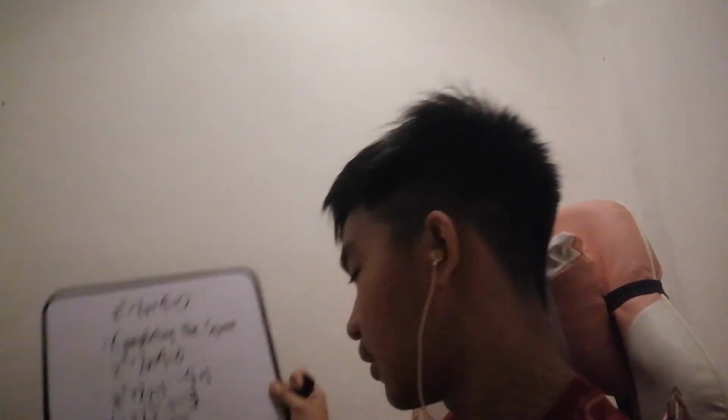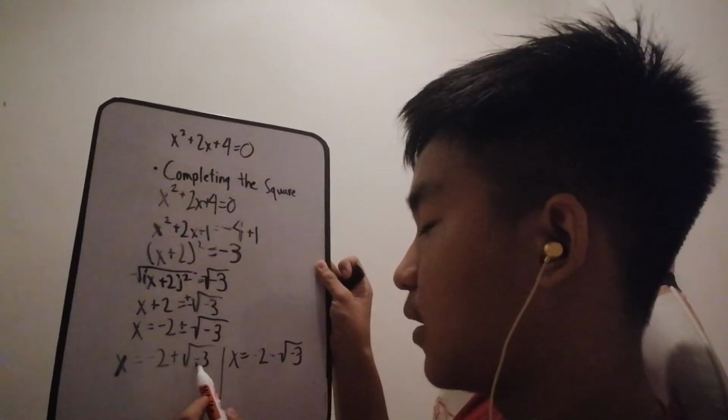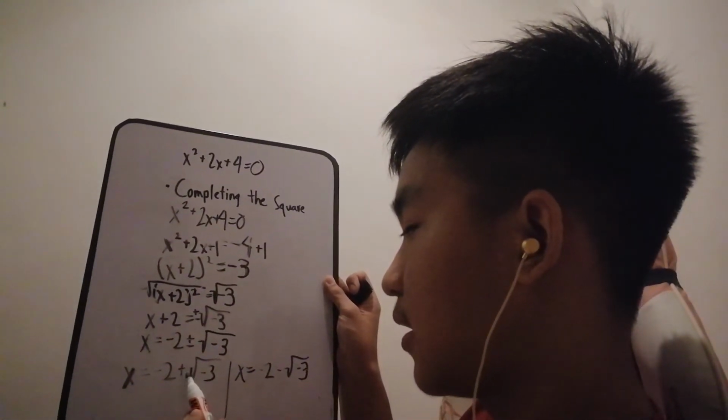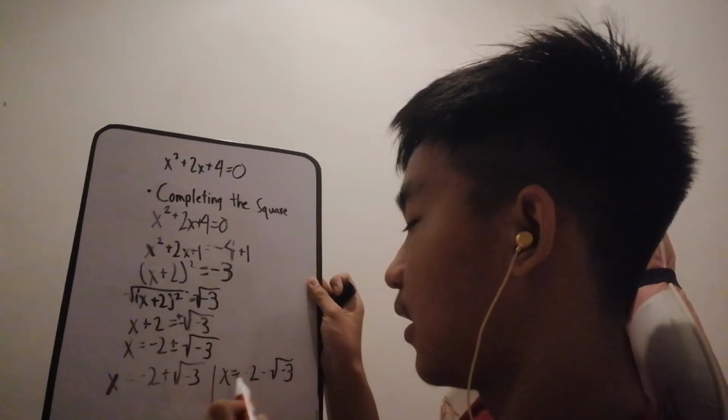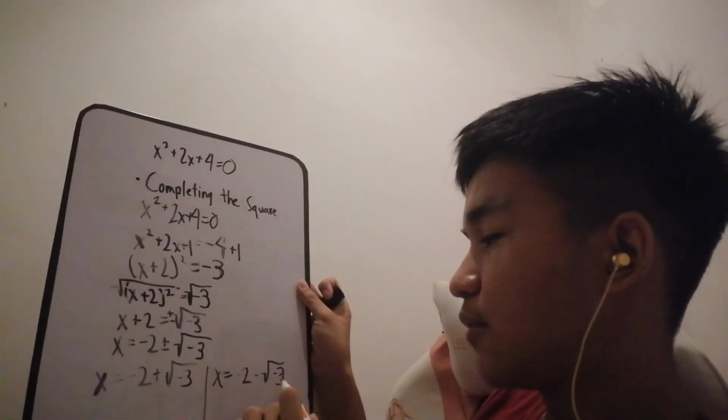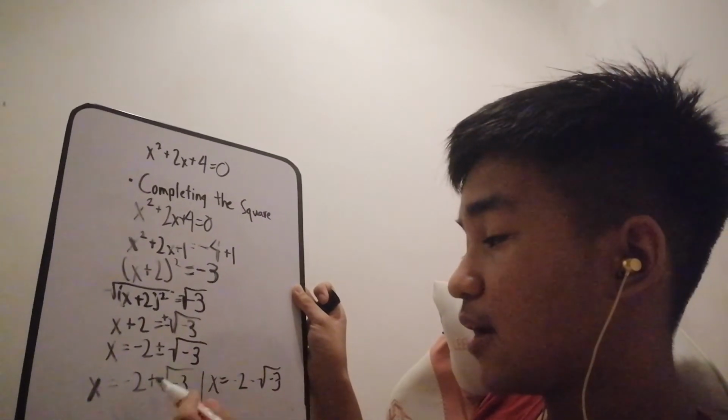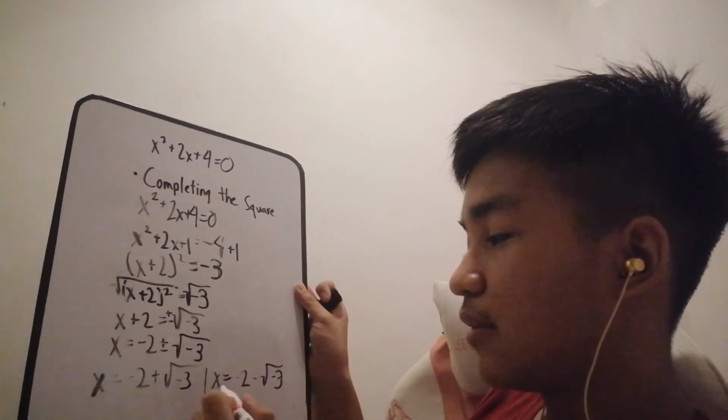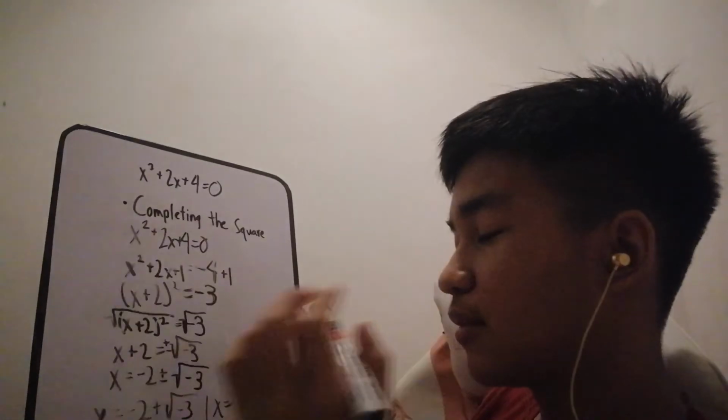Since the positive square root of negative 3 and negative square root of negative 3 are still not simplified, we cannot simplify this.